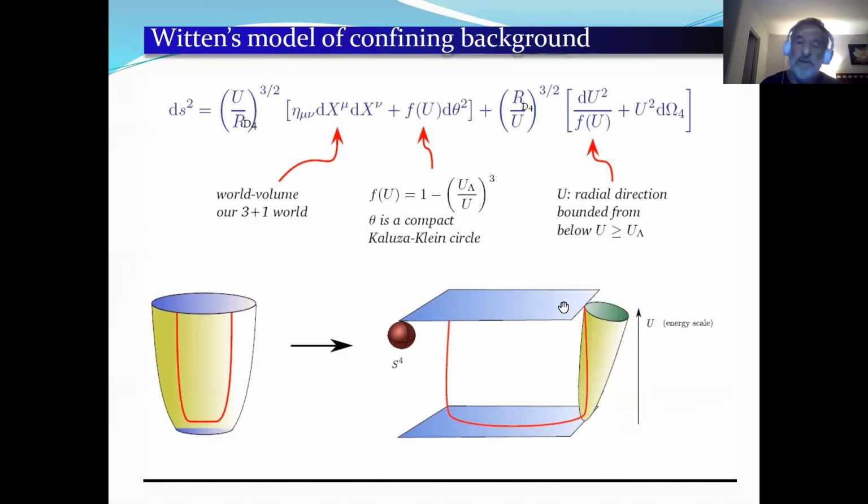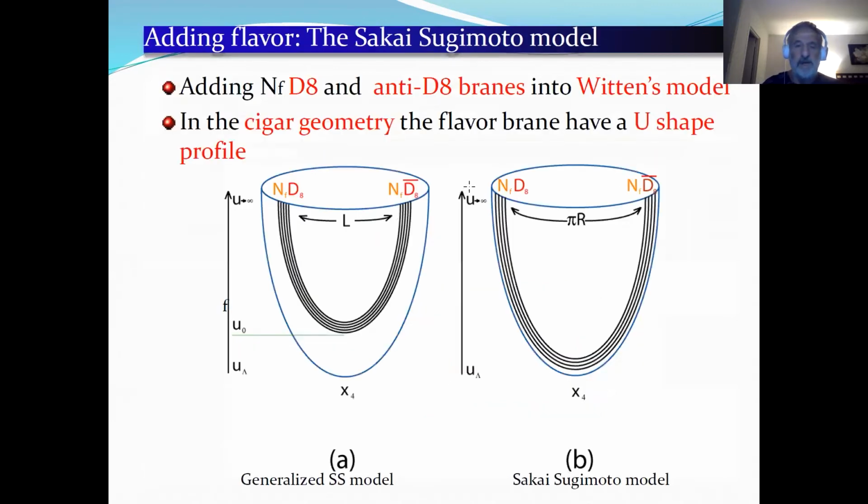So we have the cigar, the flat part, and this part, which is an S4 with a radius which is U-dependent. You see that if we draw from the boundary this string, then it will flatten out along this wall. What determines the location of the wall is the parameter U lambda in this background. So this is the prototype of a confining background.